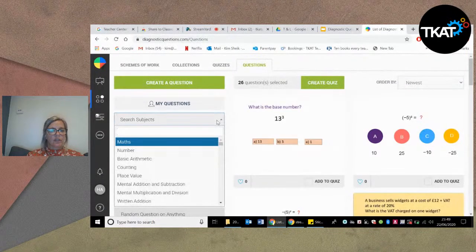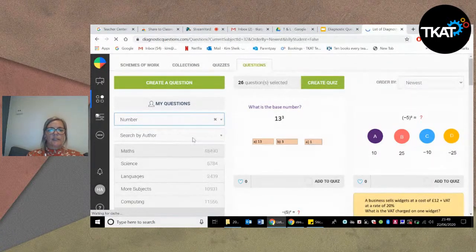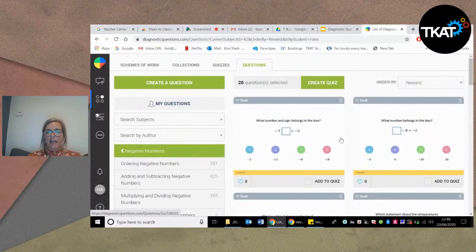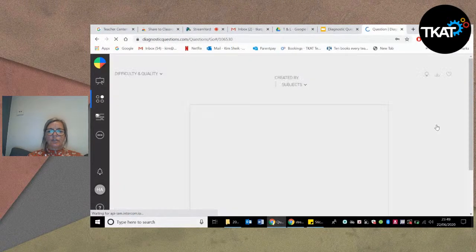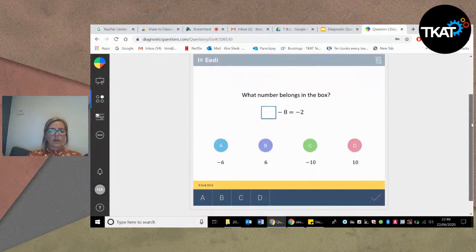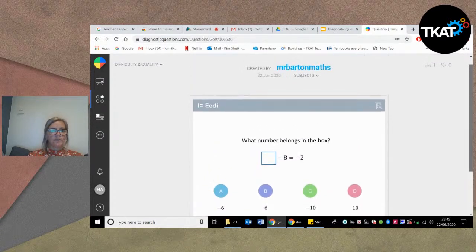But you could look for a subject, for example, number, and you can then look for a subcategory if you want to. So let's look at negative numbers. And then again, you can choose and create your own questions and use these.